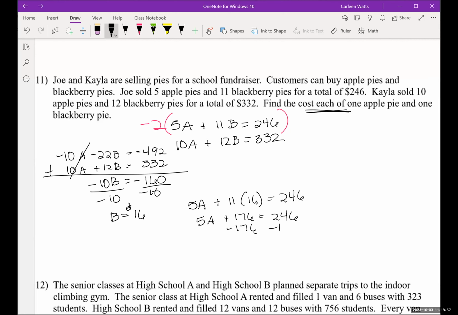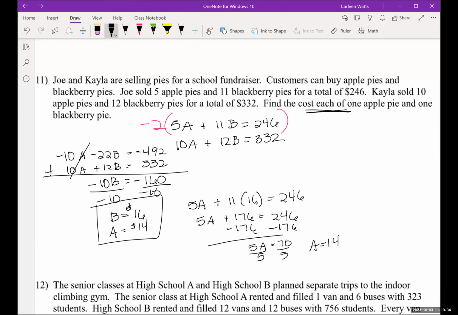Minus 176, 5 apple is equal, 5A is 70. Divide by 5, A is 14. Apple pies are $14. Okay, with practice, this is a very friendly word problem.